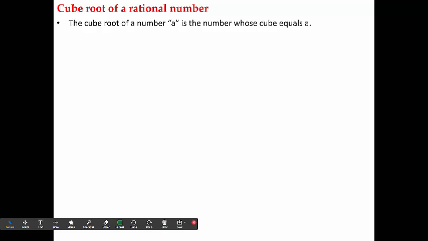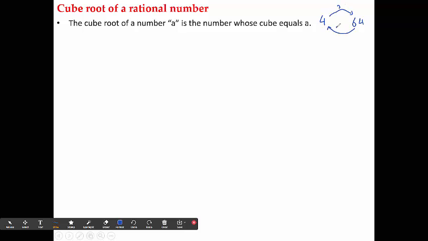The cube root of a number a is the number whose cube equals a, where a is any number. If we have the number 4, when we cube this number, it will be 64. So if you'd like to inverse this operation, we will use the cube root. So the cube root of 64 is 4.